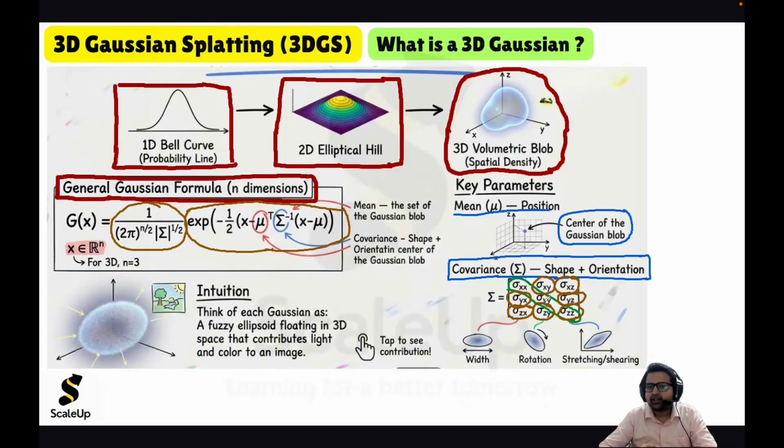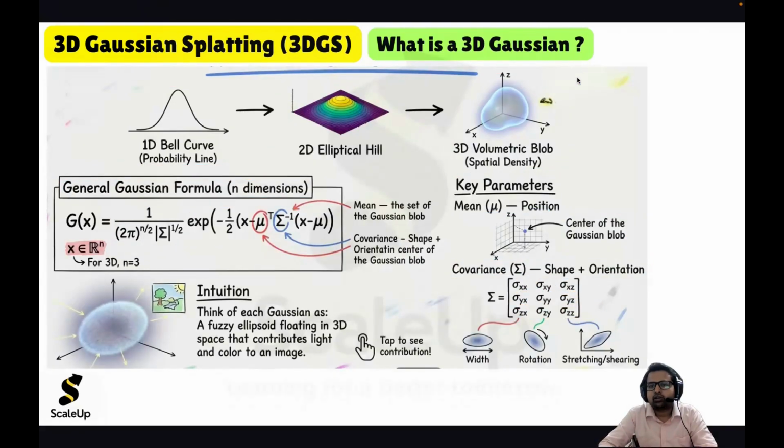Now, with this understanding, we can decode the 3D Gaussian probability density function, or you can also call it the spatial density function. So see here, the determinant of the covariance matrix is in the denominator.